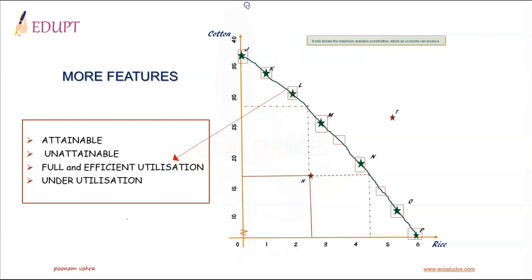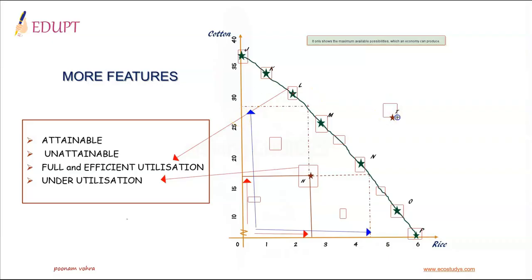The economy will operate at any point inside the production possibility curve, like point H or any other point, if resources are underutilized. If the economy operates at point H, it actually means the economy is producing this much of rice and this much of cotton, whereas the economy has the capacity to produce this much of rice and this much of cotton.